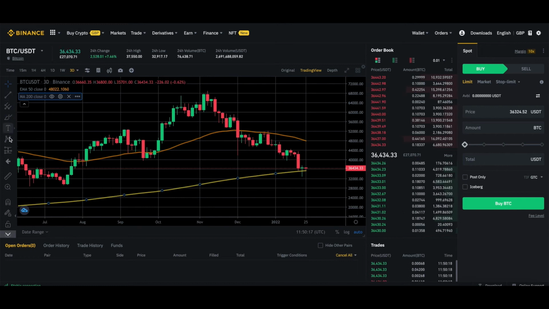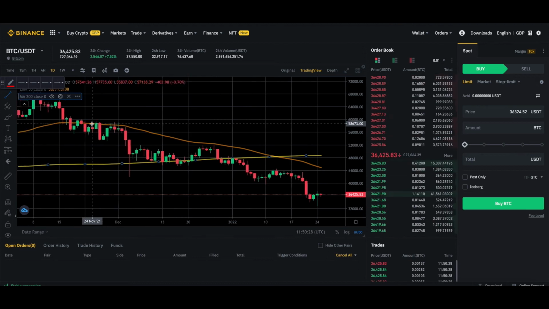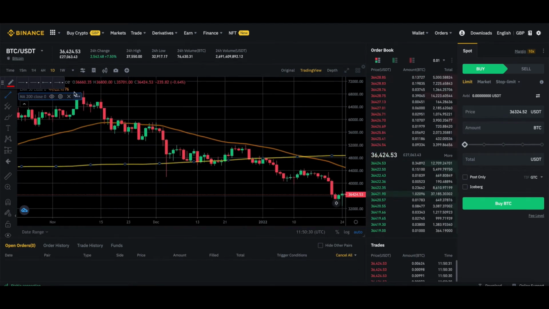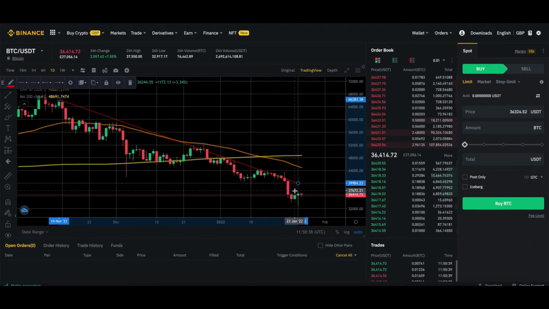And we've also got the drawing tools down here, which TradingView provides. And like you can add in your own trend lines, for example. I could stick a trend line down here because it keeps bouncing off up there.